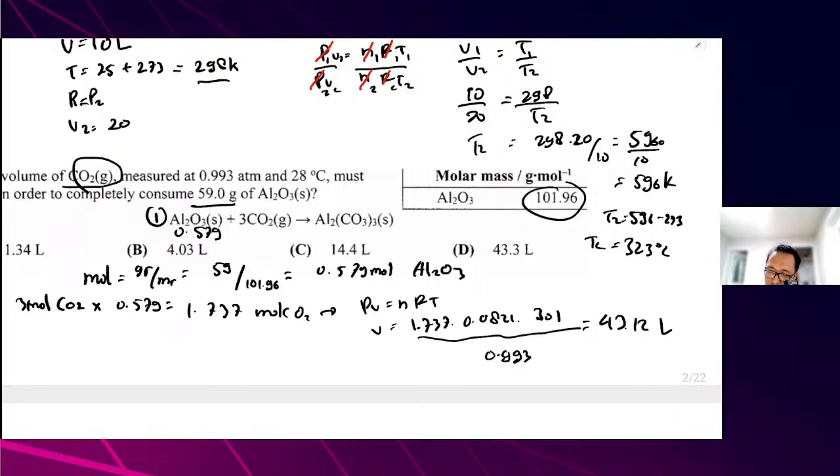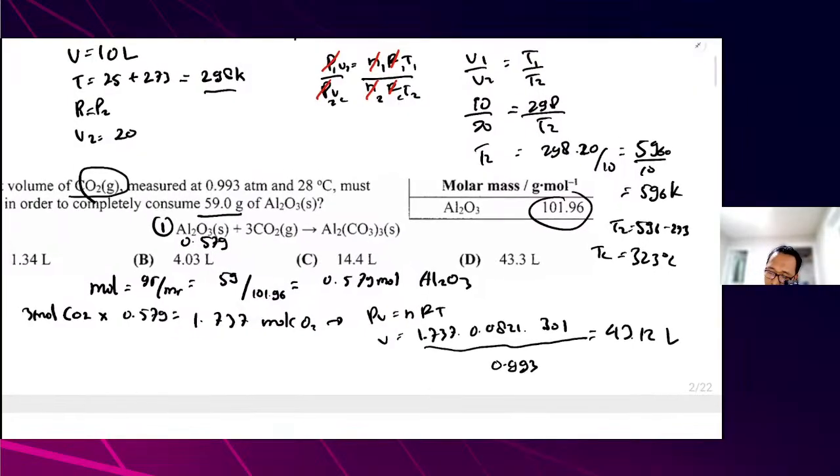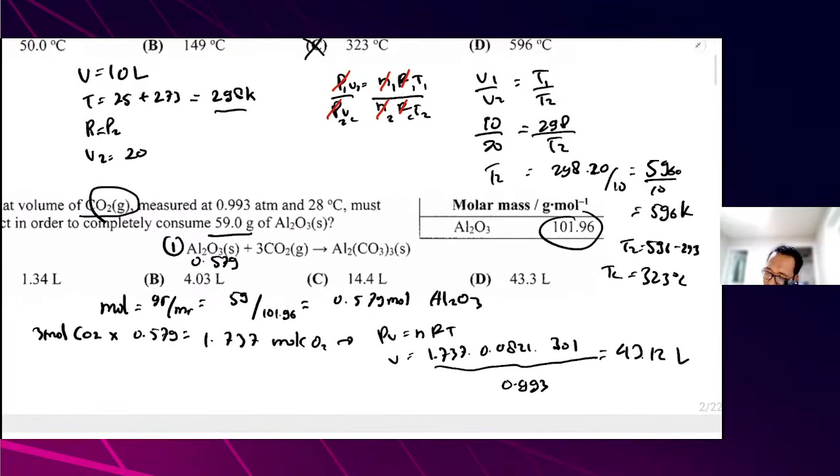Okay, just a quick heads up: we need to double check the units, because sometimes the units give us more information.